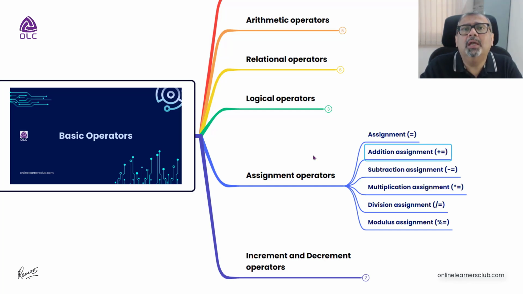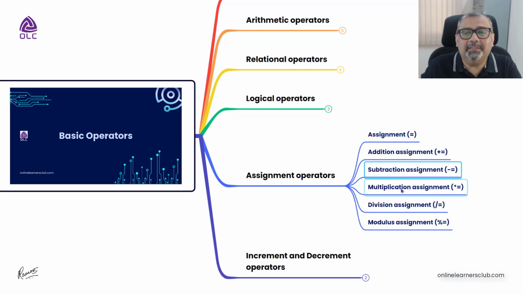If you want an operation like a is equal to a plus 5, instead of using a = a + 5, an alternative way is a += 5, which means the previous value of the variable is considered as an element in this operation. Similarly, you have the subtraction assignment: a -= 6 is equivalent to a = a - 6.